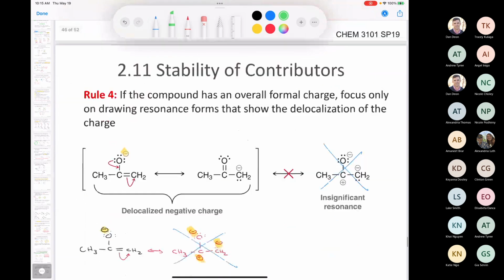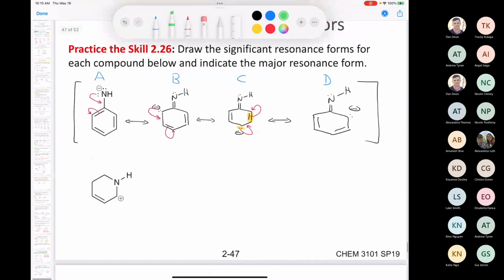So everything in here has an octet. There's nothing in here that doesn't have an octet. Every atom in here, except for the hydrogens, has an octet. Yes. Thanks, Kiana. It's A. Perfect. All right, why? Because in that one, the negative charge is on the most electronegative element.